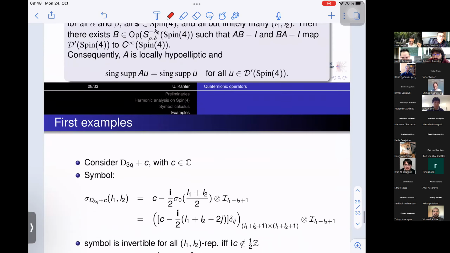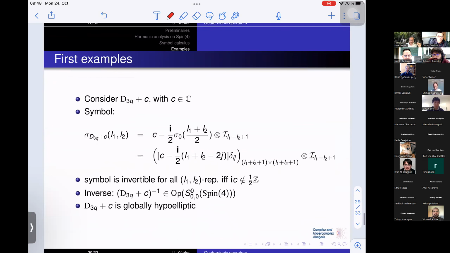Now, the question is simply how it works in the examples. As a first example, we use the simplest one. I gave you the simplest one, just from my operators D3Q plus a constant, and then the symbol you can immediately write out. The symbol is just this. And then it's rather easy to see. The only part where you have problems with invertibility is the first part.